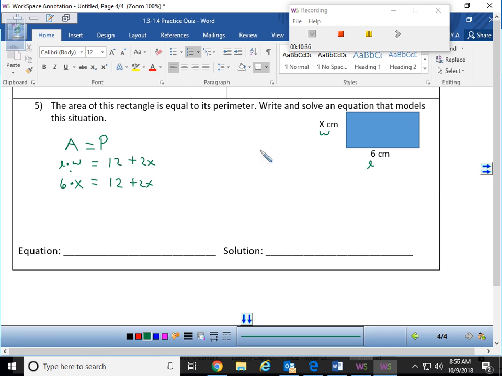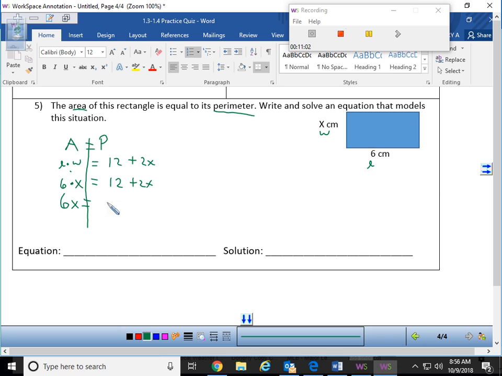So length times width gives me my area of the rectangle, and perimeter is 6 plus 6, which is 12, plus x plus x, which is 2x. And I know I can do that because they tell me the area is equal to the perimeter. That's a given fact that I can use to solve. All right, let's clean this up. What's 6 times x? That's just 6x.